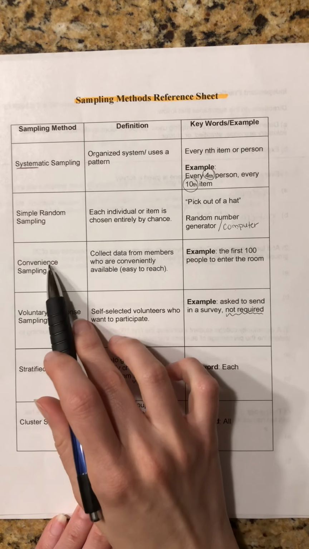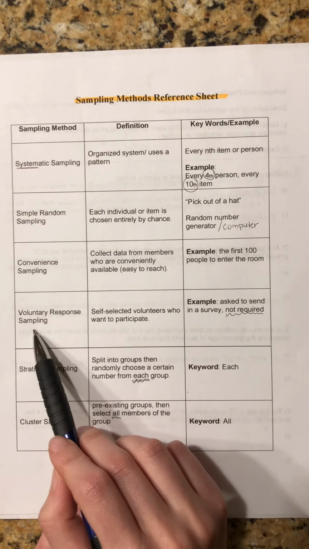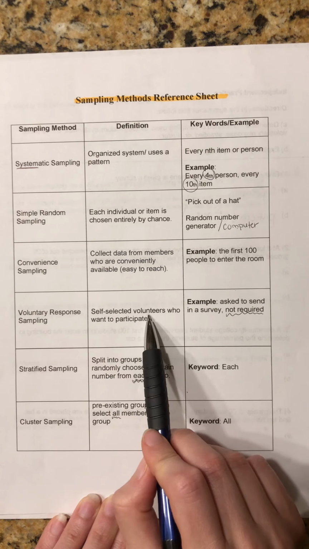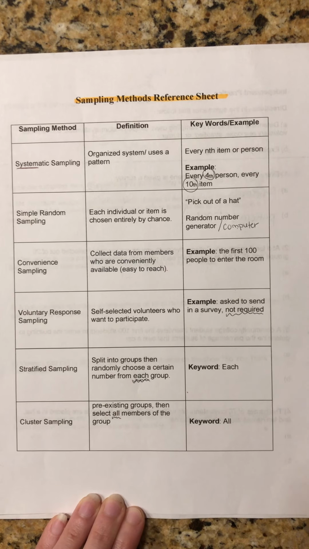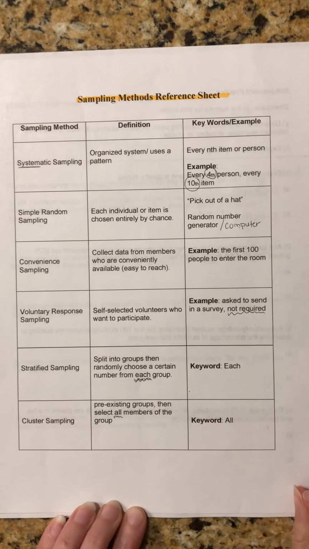Okay, is it convenient or easy to reach? Voluntary response. Are there volunteers? Are you asking them to complete a survey but it's not required? Are you telling them, here's a coupon code that you can try to fill out if you're interested? Having people vote, okay, that's all voluntary.